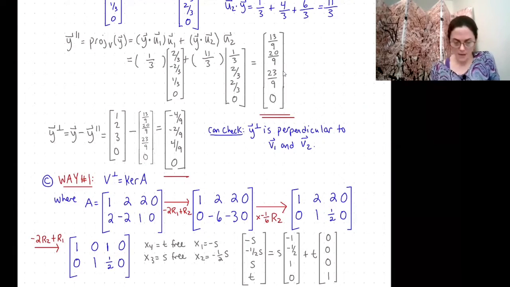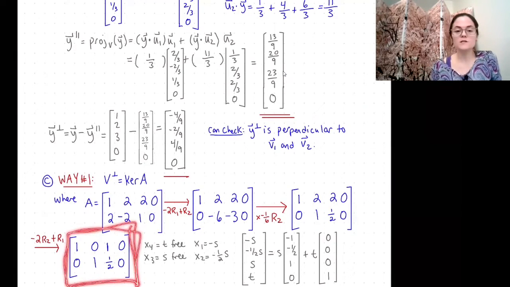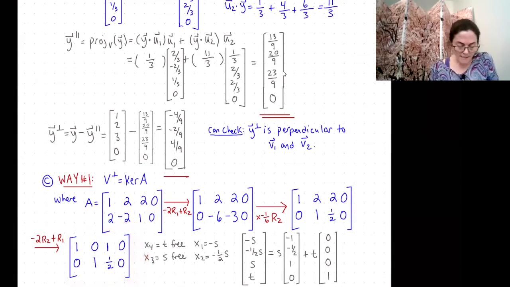You can read them. But I get myself to here, which is reduced row echelon form. And then I'm just finding the kernel of a matrix, just as I did in number 1, for example. We see x3 and x4 are free. I called x4 t. I called x3 s. And then the first and second equations say that x1 is minus x3, and x2 is negative 1/2 s.